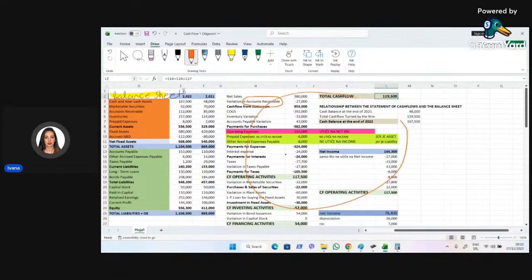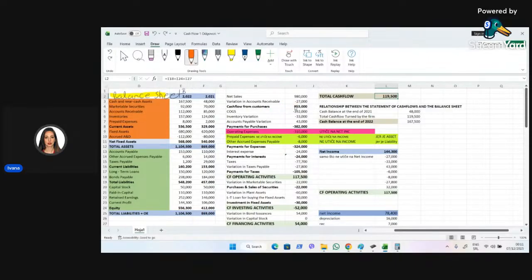And cash flow is all about cash inflow and outflow. But here there is no cash. We haven't received payment yet. And that's why it's minus from the cash flow.